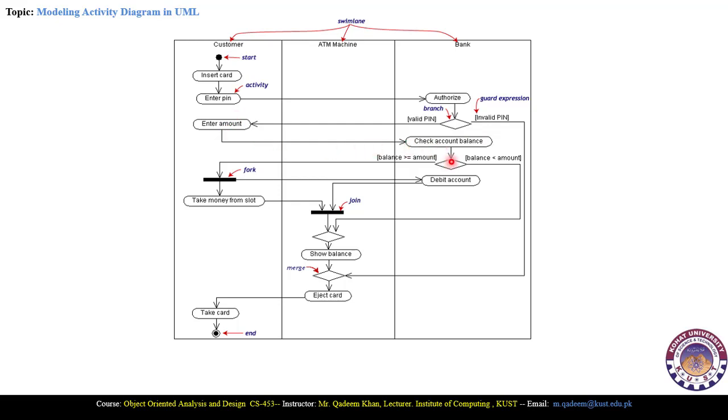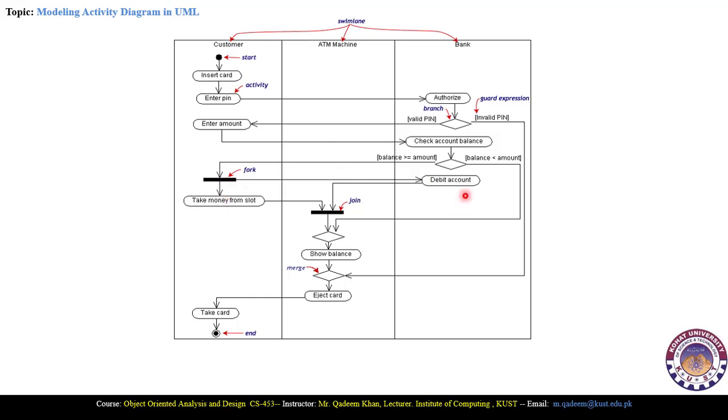If the account balance is less than the amount entered by the customer, then show balance will be executed, saying that your balance is less than the amount, and then eject card will be performed. And if the balance is greater than or equal to the amount required to withdraw, then the fork will be performed here, meaning that here will be joining.